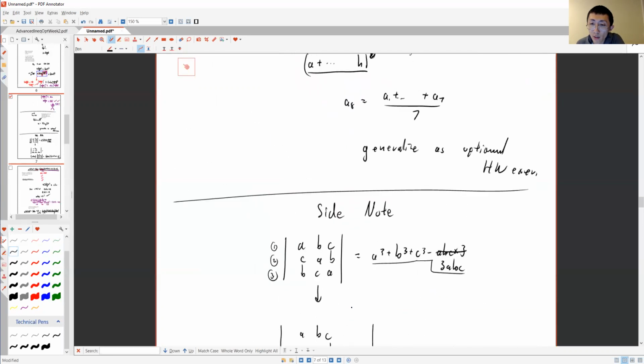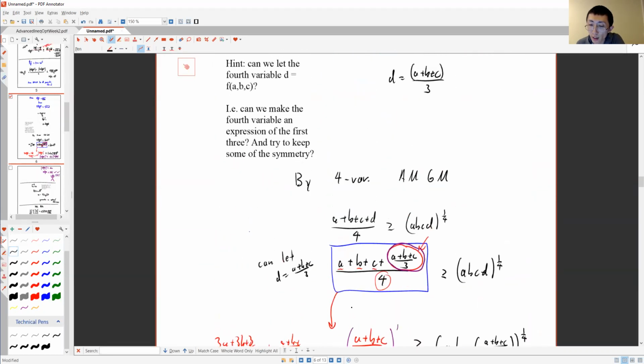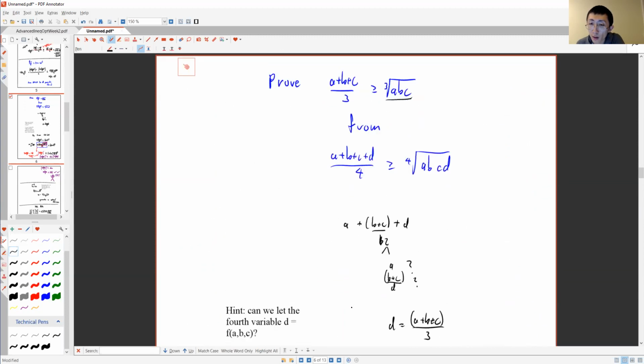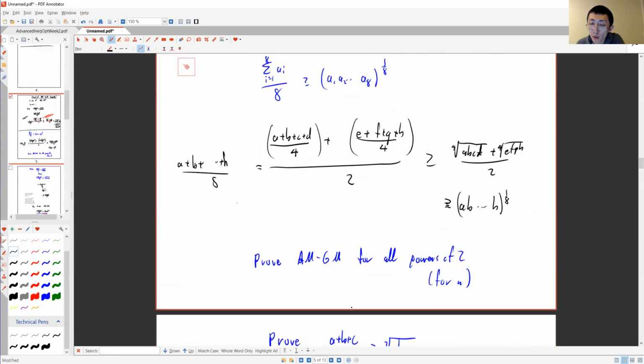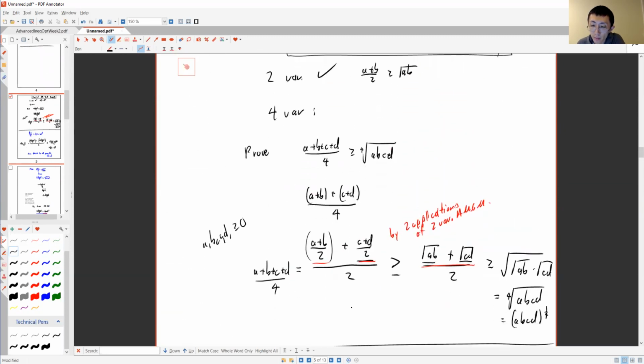The other thing that I forgot to mention was, in our proof, what was the equality case for this part, 2 variable implies 4 variable? Like, when can the two sides of an inequality be equal?